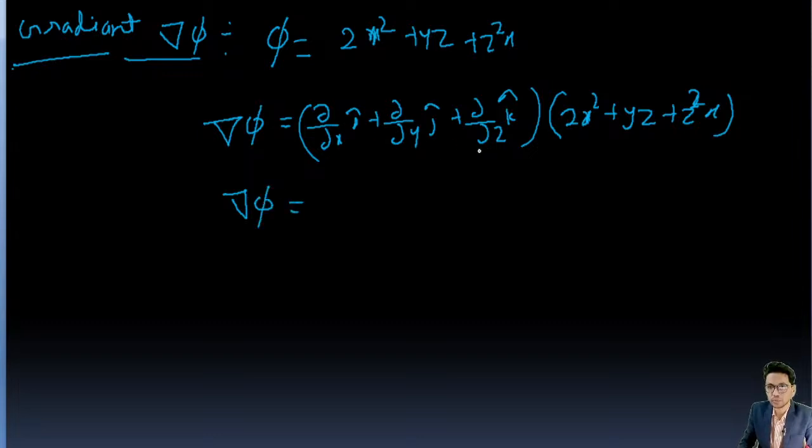So it is going to be 4x, and we'll multiply del x with this first. Okay, and this is going to be 4x, and there is no term of x, so it is going to be 0. So this is going to be z square i cap.